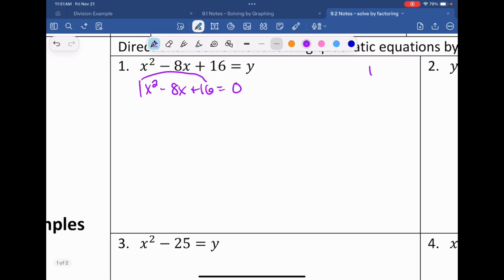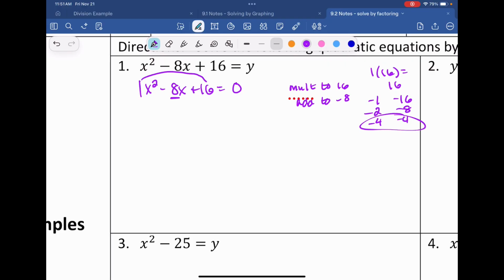So 1 times 16. Factor pairs of 16. All right, it has to multiply to 16, but it has to add to negative 8. So how is it possible to multiply and get positive and add to get negative? Because they are both negative. That's our factor pair.